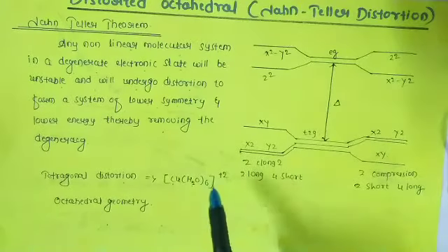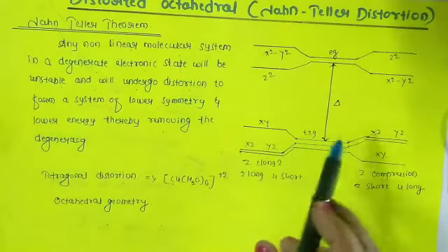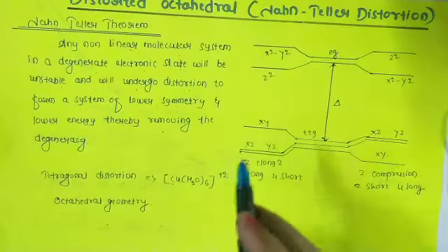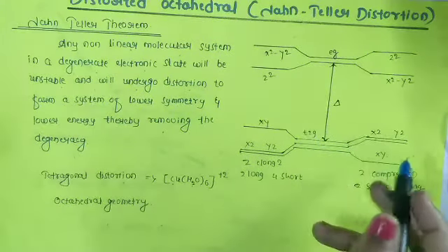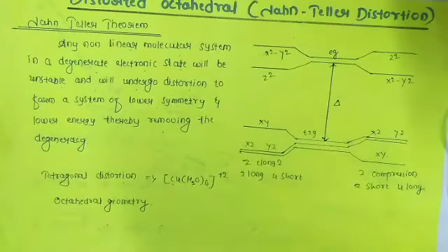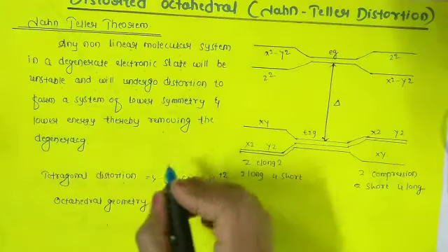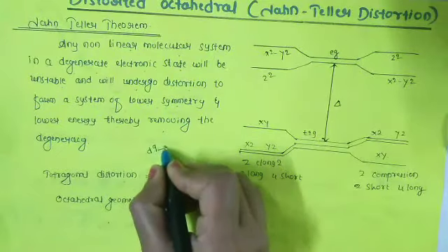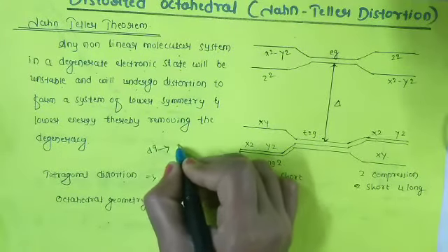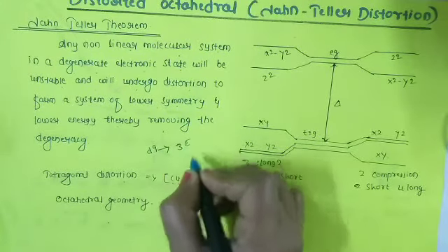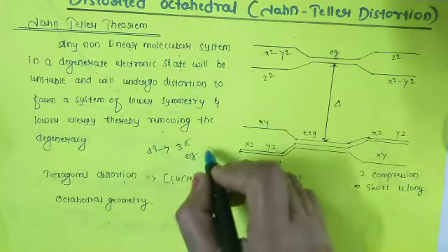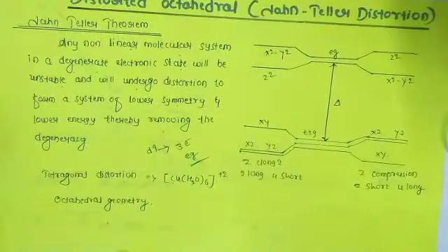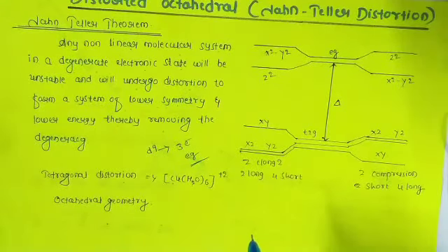In six-coordinate copper(II) complexes, the d9 electronic configuration of this ion gives 3 electrons in the 2 degenerate eg orbitals, leading to a doubly degenerate electronic ground state.